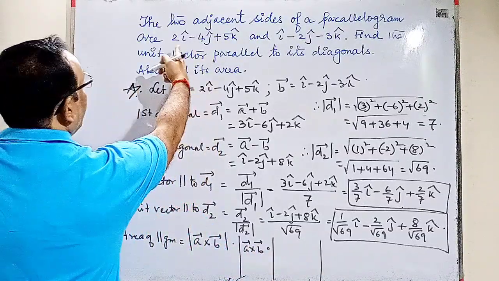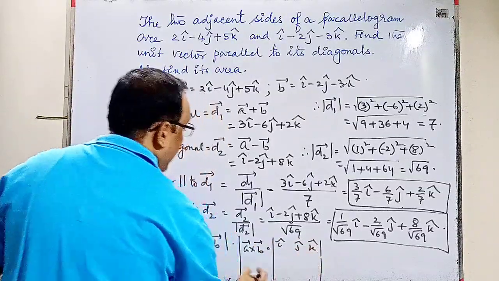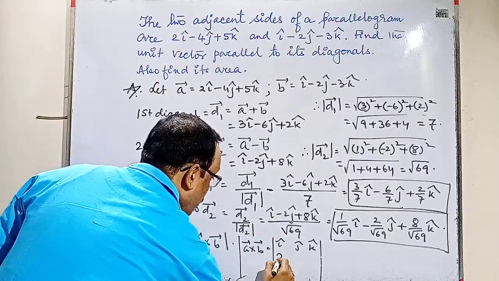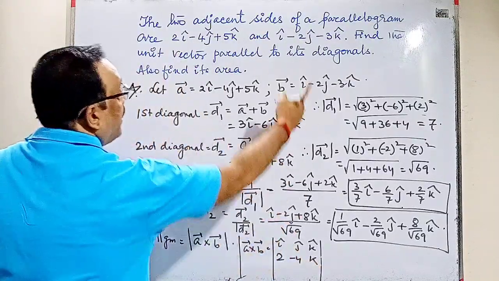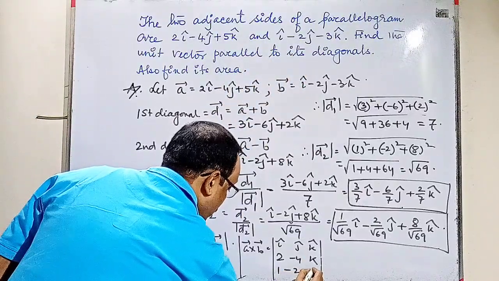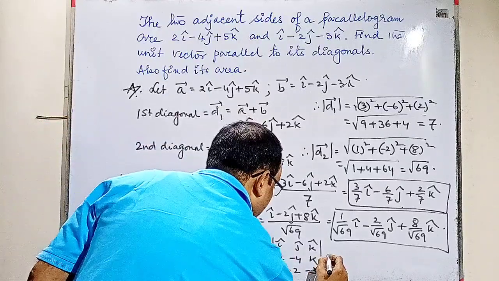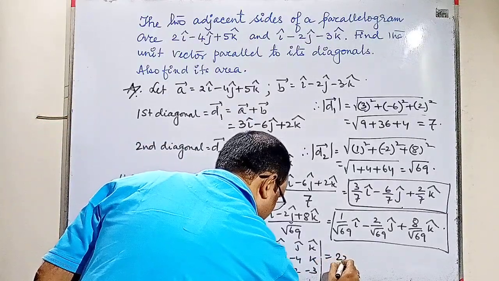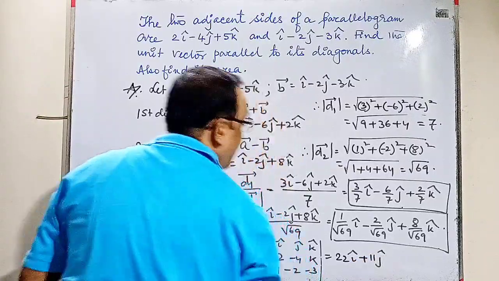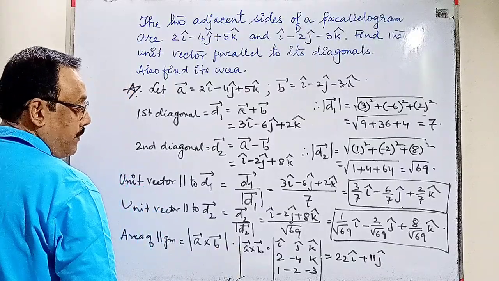A cross B is the determinant with i, j, k. Coefficients are 2, minus 4, 5, and for the other one, 1, minus 2, minus 3. If I expand this one, I am going to get 22i plus 11j. The k term will vanish. So this will be my vector A cross B.